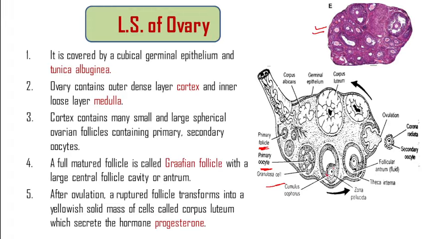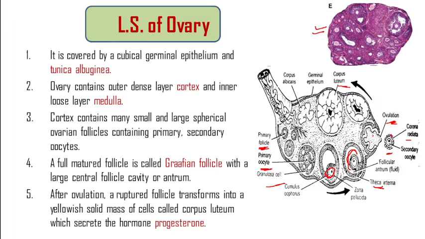Here you will show zona pellucida, theca interna. This is the follicular antrum which is filled with fluid. Here you are going to show ovulation taking place and the secondary oocyte being released, corona radiata, the layer around the secondary oocyte, then corpus luteum, the leftover part which is there after the release of the ovum of the Graafian follicle.